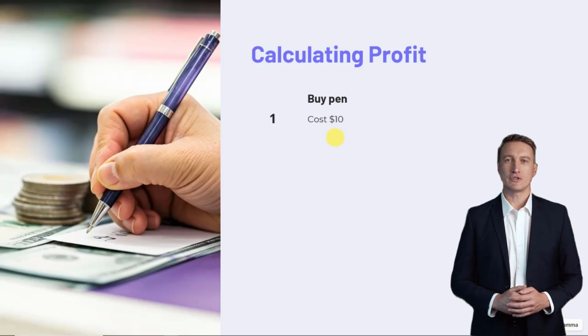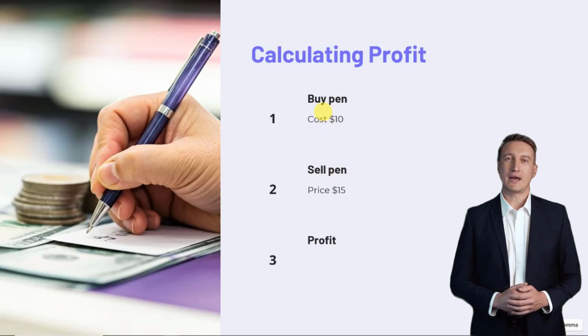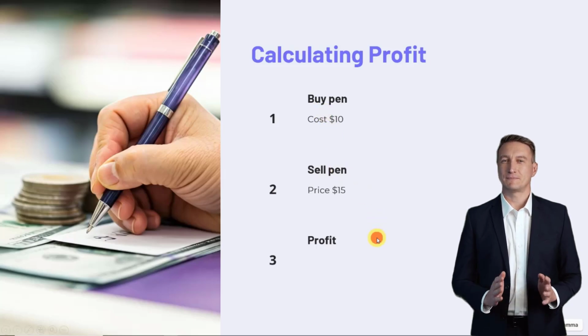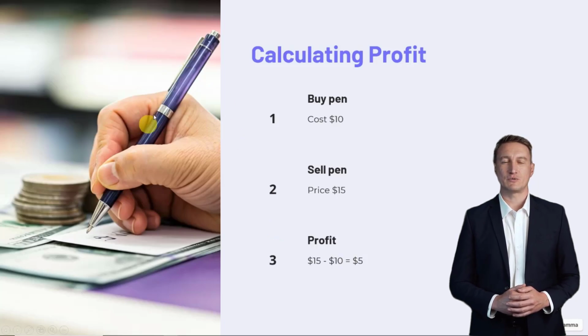The second thing is you want to sell the pen, and you're going to be selling it for, let's say, $15. As we saw before, our profit is going to be our selling price minus our buying price. So our profit is 15 minus 10 equals 5. So we are making a $5 profit on this beautiful pen.